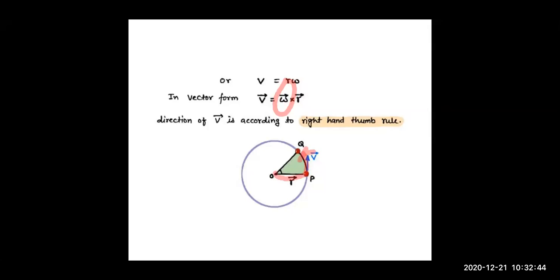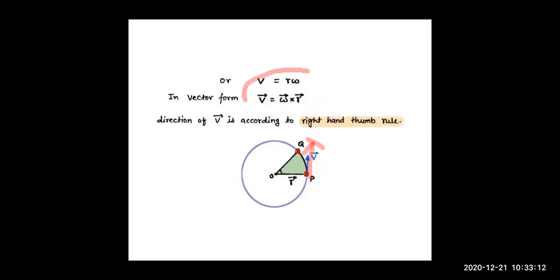Once you do, you will see that your right hand thumb is pointing perpendicularly outward, so it is upwards. So children, here the direction of velocity v is tangentially upwards. At each and every point, the direction of velocity v will be tangentially upwards.